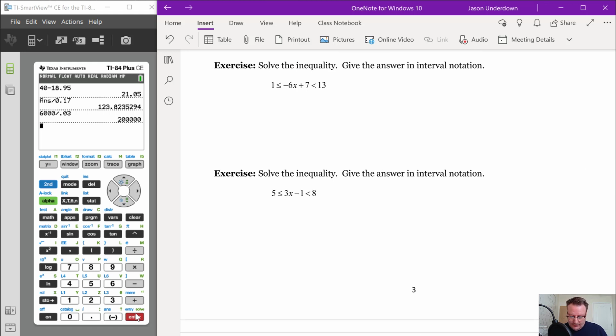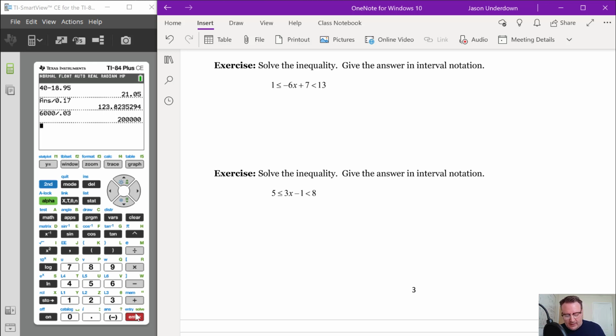Next one. Solve the inequality. Give the answer in interval notation. So this is what we call a compound inequality. The way you could think of it is two inequalities joined together with the word and.